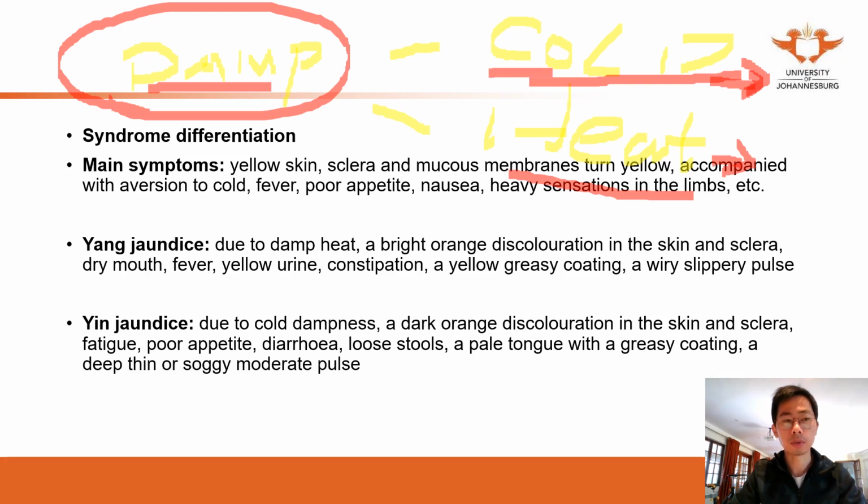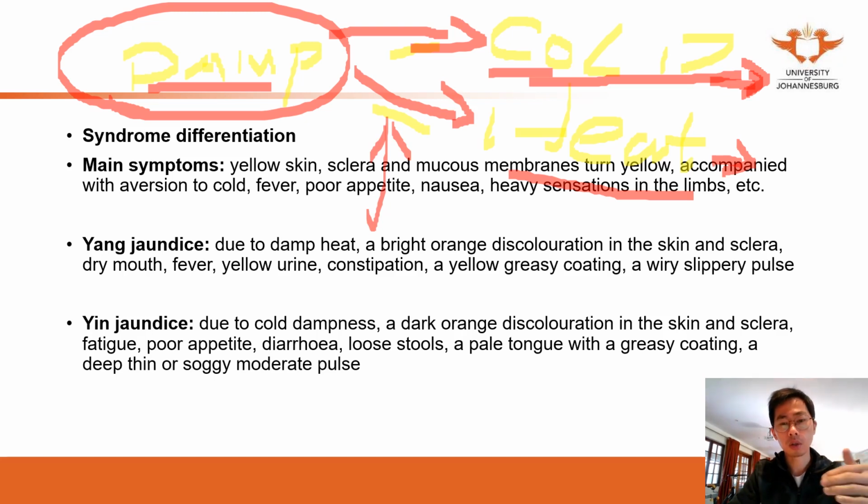body constitution. Why can this dampness be damp cold or damp heat? That's because of the body constitution. The pathogen will change according to the body constitution. This is very similar to the metaphor that I gave of two glasses of water, one hot and one cold.